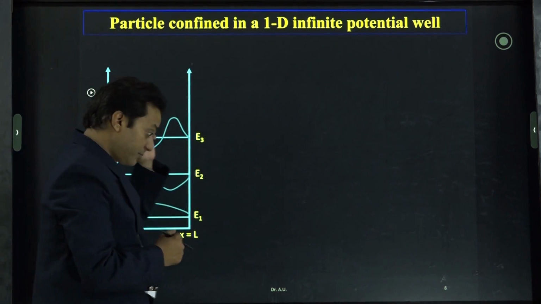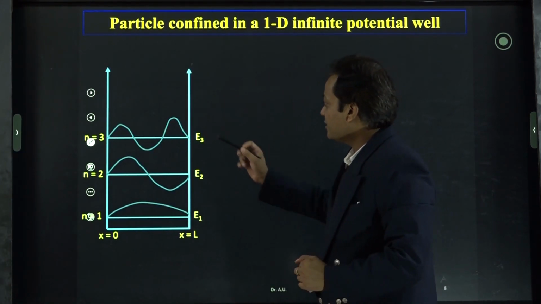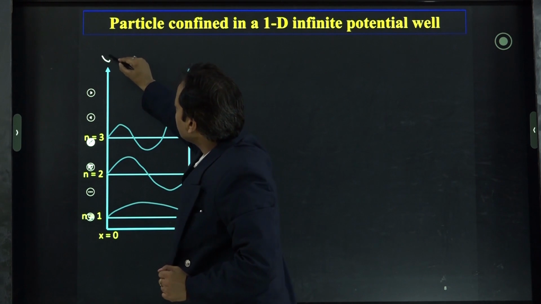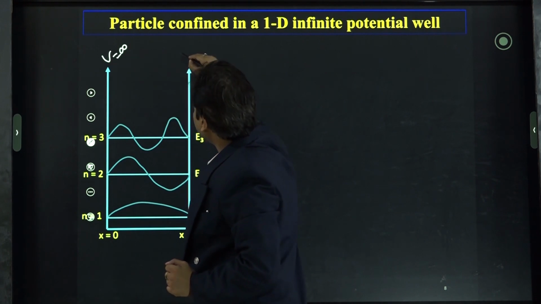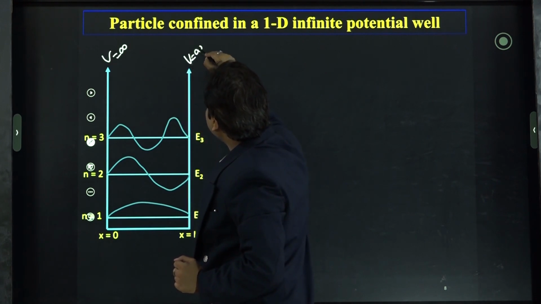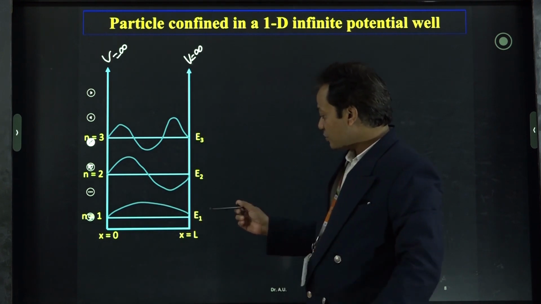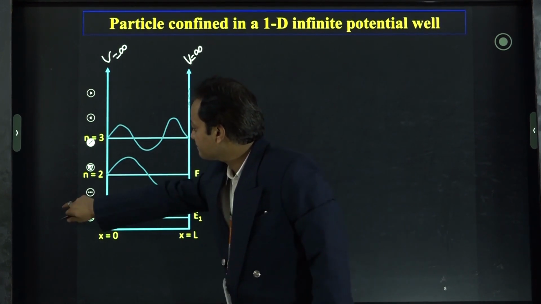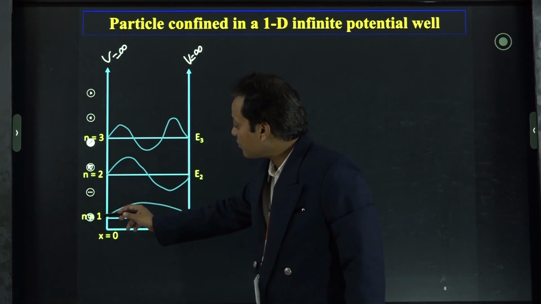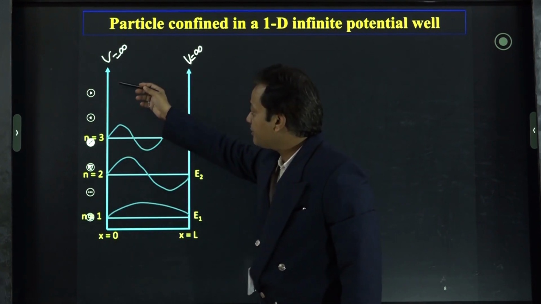Let us see. Here the potential is going to be infinite at x equal to 0 and at x equal to L. So different n values are there: n is 1, n is 2, n is 3, n is 4 and so on.